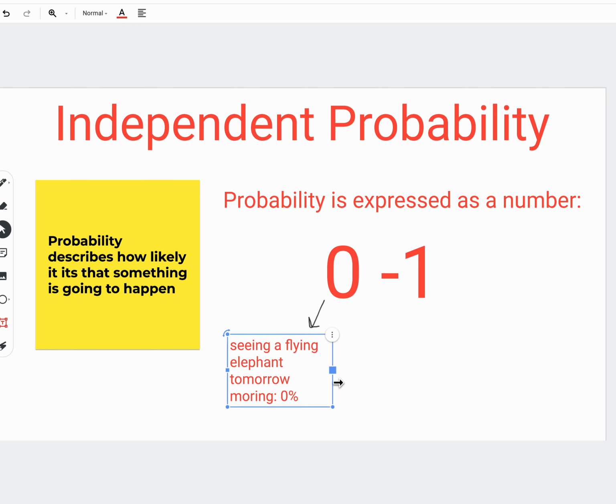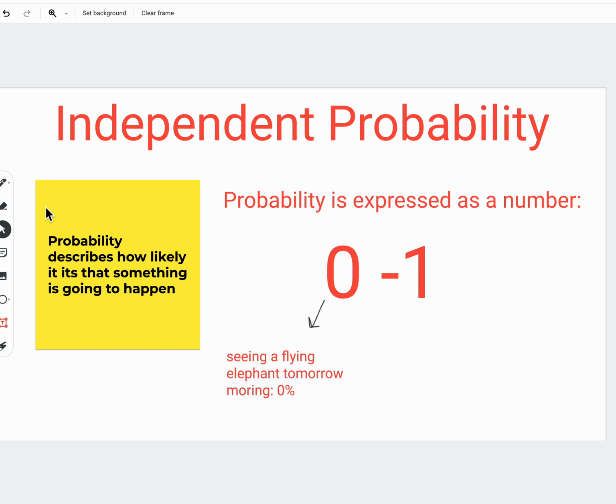Elephants just simply cannot fly. However, a 1 would be waking up tomorrow to see the sun rise. This is a 100% chance, as the sun rises and sets every single day.